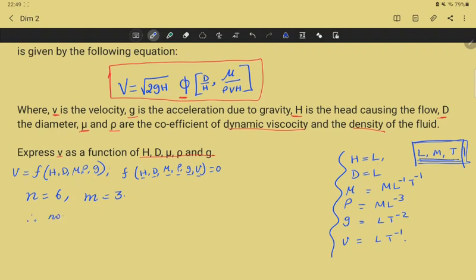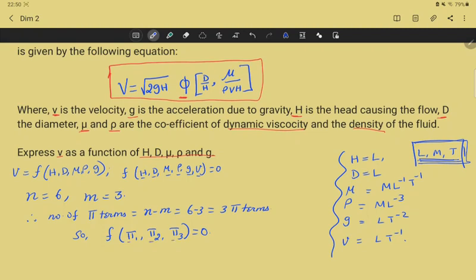Therefore number of pi terms, remember pi terms are dimensionless, the equation is n minus m, which is 6 minus 3 equals 3 pi terms. So I can write this as a function of pi 1, pi 2 comma pi 3 equals 0. These are the three pi terms, pi 1, pi 2 and pi 3.